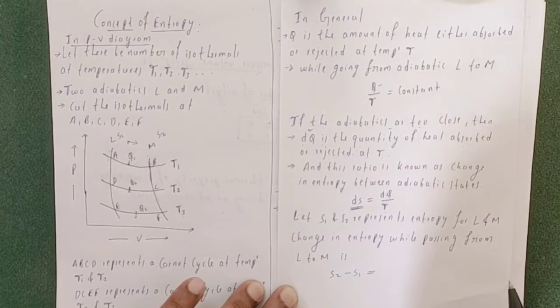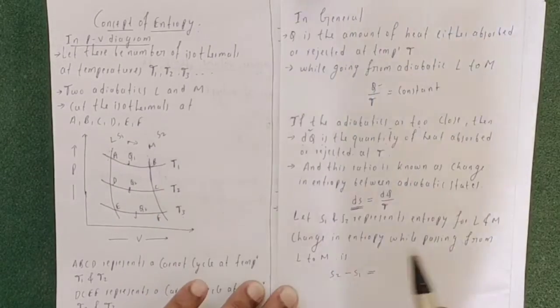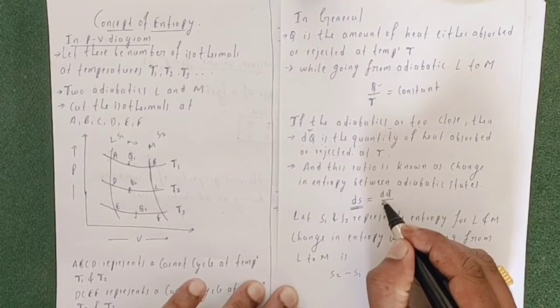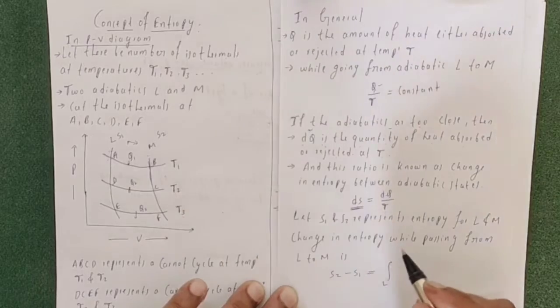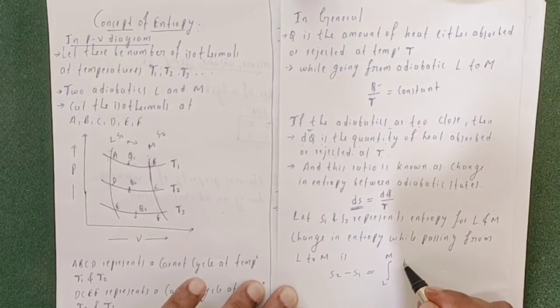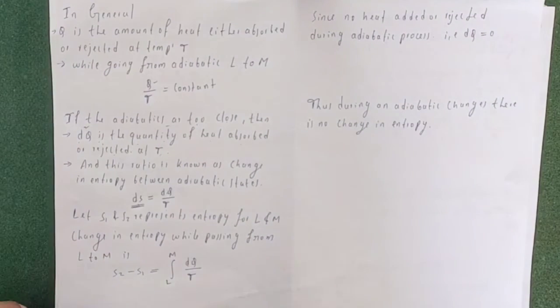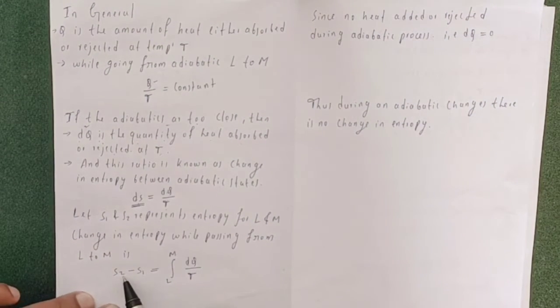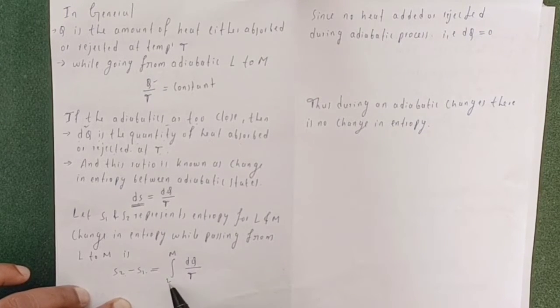Since it is passing from L to M, I am going to integrate this equation. So it becomes the integral from L to M of dQ divided by T, and this gives the change in entropy between the two adiabatics L and M.